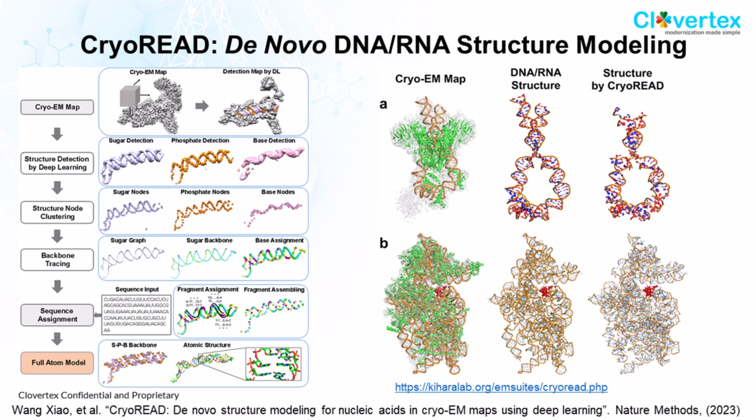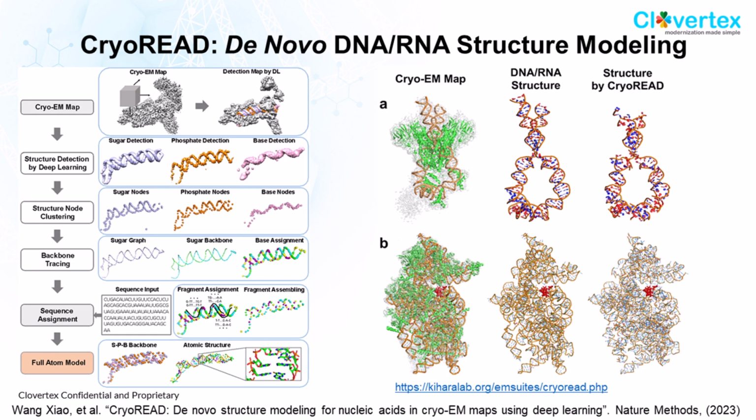On the left, I'll quickly walk through how the algorithm works. In the first step, it uses deep learning to detect the sugar position, phosphate position, and base position in the map. And it also predicts the base types. When the map resolution is up to around 5 angstrom, we can detect those structural elements in the cryo-EM map sufficiently accurately.